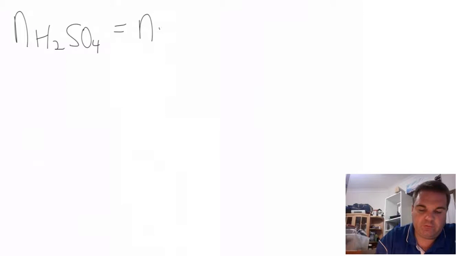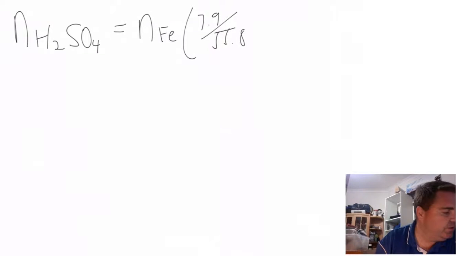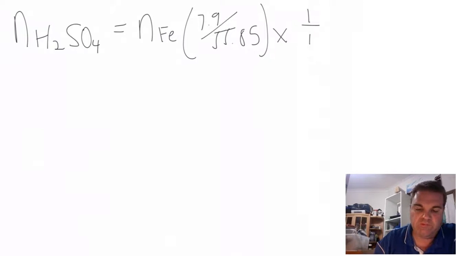Now we can calculate the number of moles of our sulfuric acid. It's the number of moles of iron we had, which was 7.9 grams over 55.85, times the mole ratio, which was in fact 1 over 1.